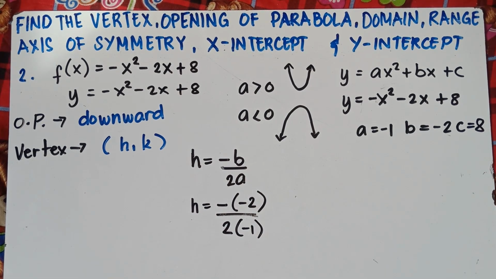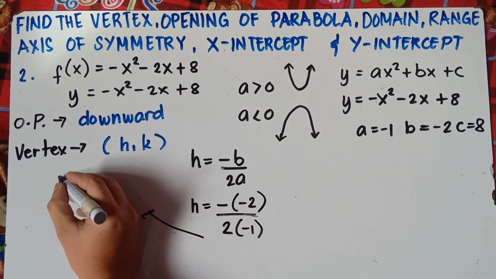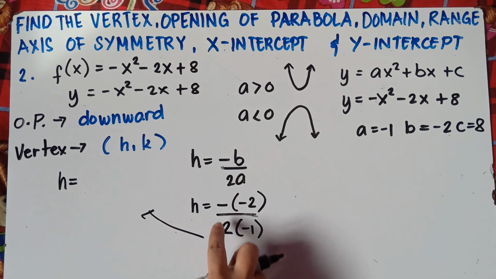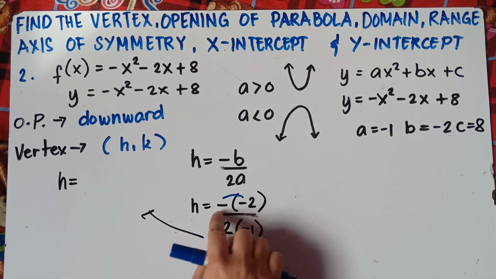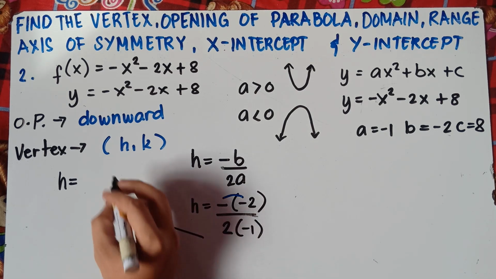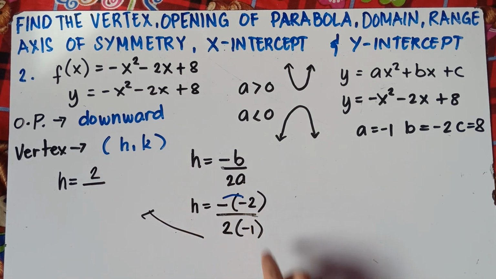Alright, and then this will be h, let me just write it here. So h equals negative times negative, this will be positive. Once again, multiply the signs, negative times negative, that is positive 2. Then 2 times negative 1, that's negative 2.